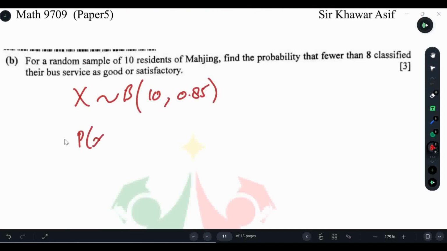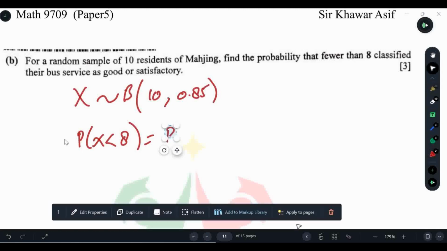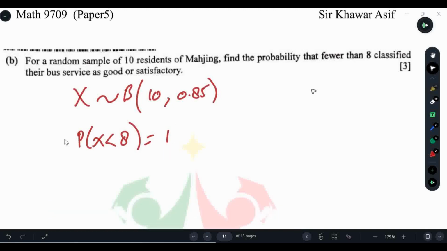Now the probability of x less than 8. There are two ways: we can add from 0 to 7, or the easiest way is 1 minus the probability of x greater than or equal to 8.